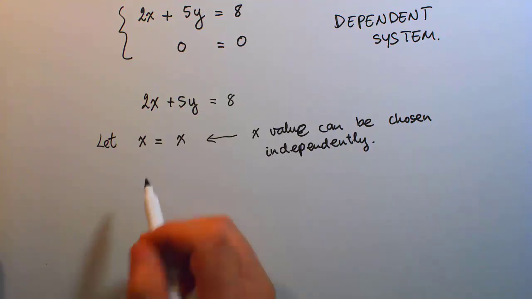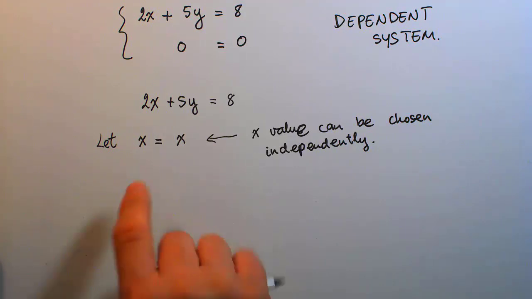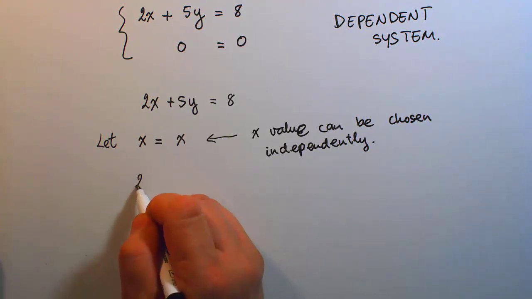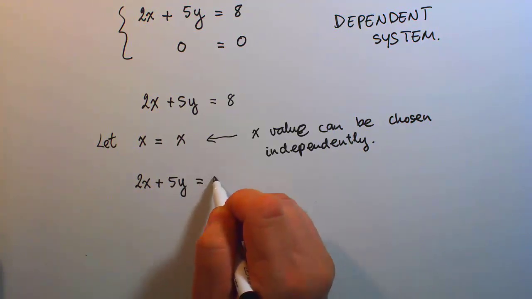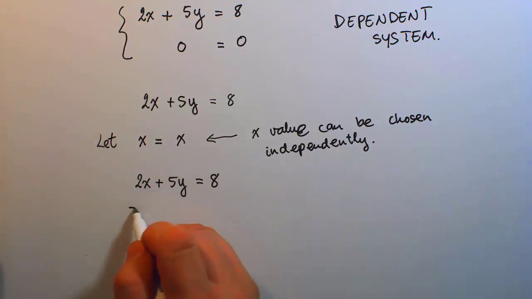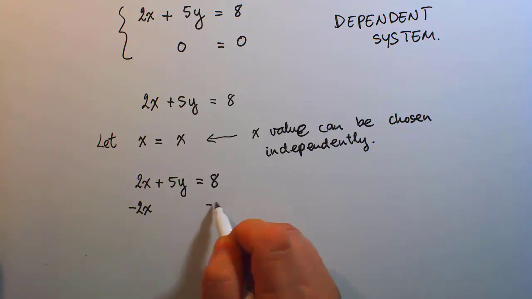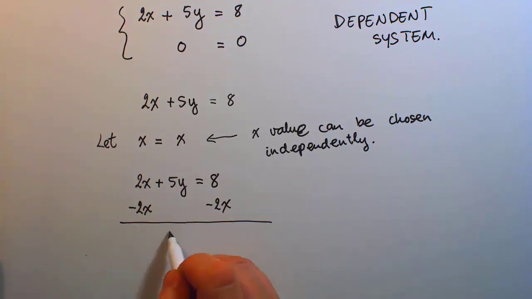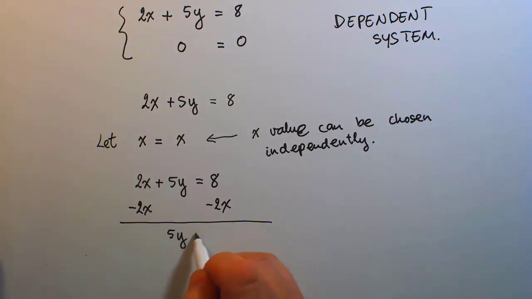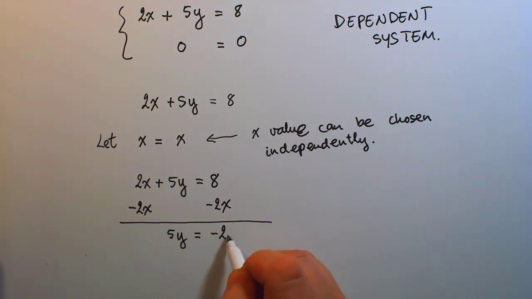So let's get it done here. Once x equals x, in this equation 2x plus 5y equals 8, I can subtract 2x from both sides. That brings me to 5y equals minus 2x plus 8.